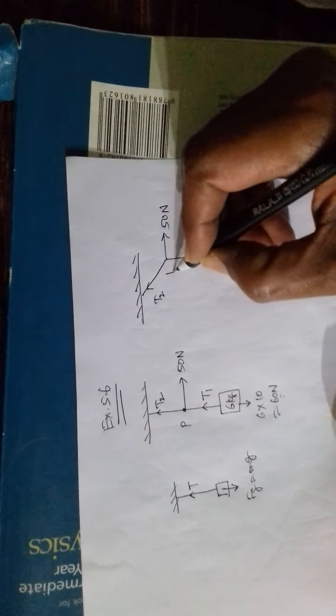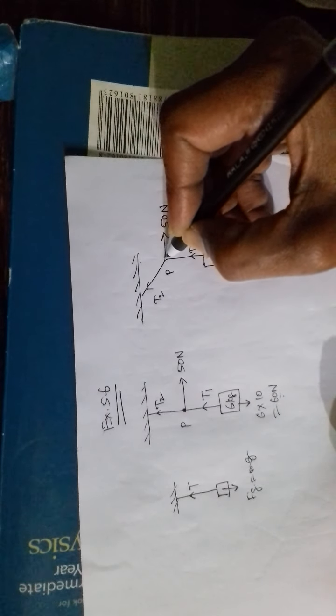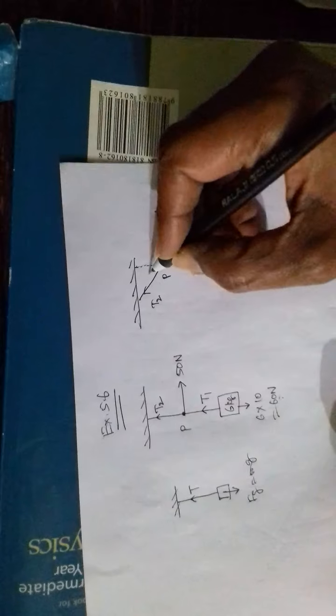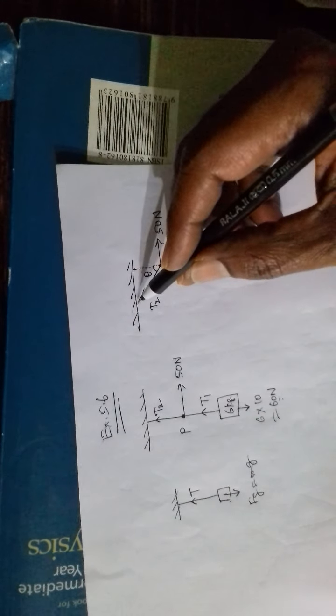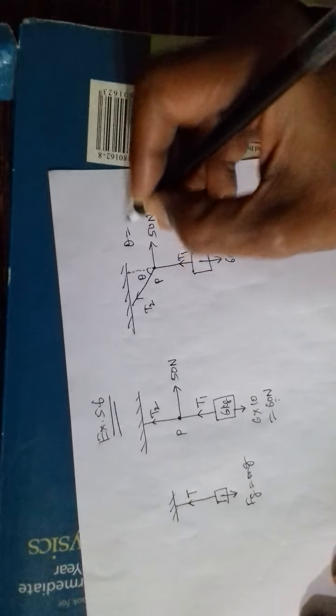This is the point P. Let us draw this line extended upward. See, this string is making angle theta with the vertical line, and this angle theta is asked.